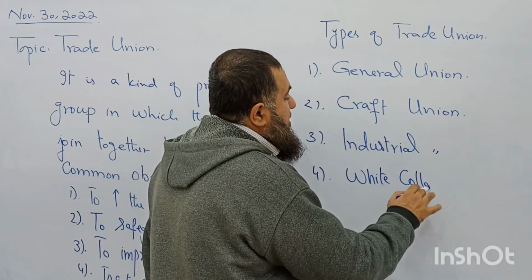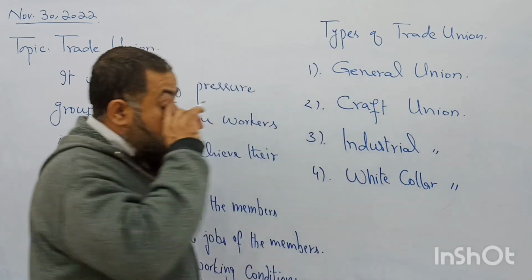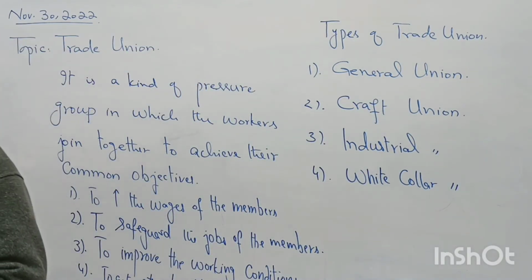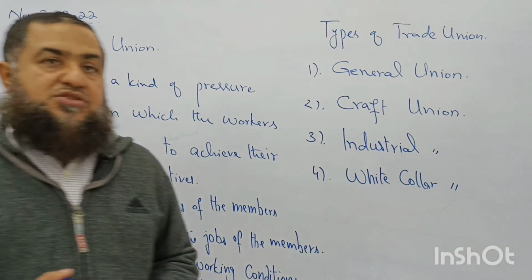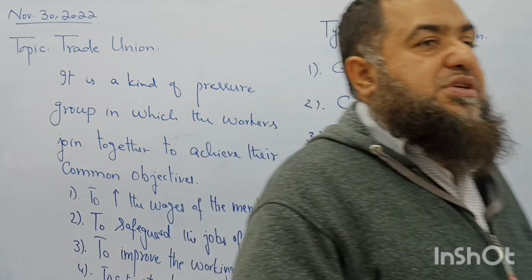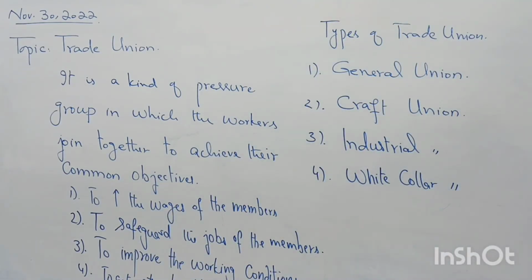White collar union. So this is the union of office bearers, the educated people. Okay, they make a union like the unions of bankers, those who are doing their jobs in different banks or within the same bank.